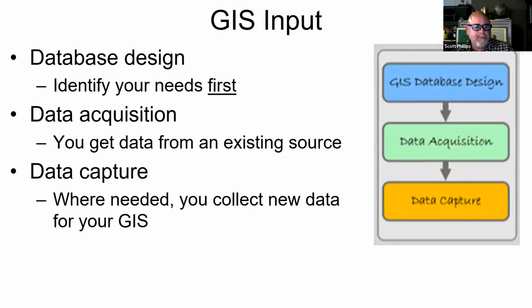But first, database design. What this really means is you have to structure what you're going to do and understand what your needs are before you can go out and get the things that you need. So designing what your project is going to be, and what the data that you're going to analyze should look like, will be of major benefit before you go looking for data.